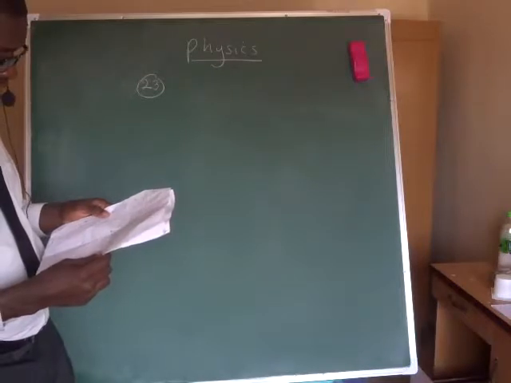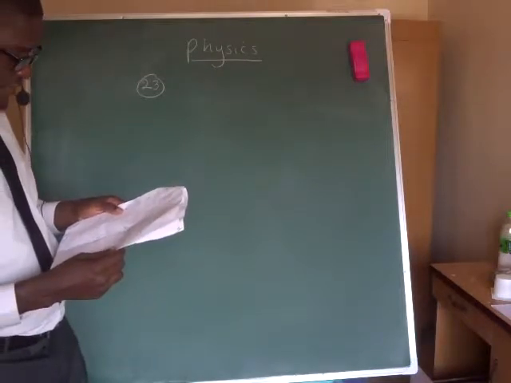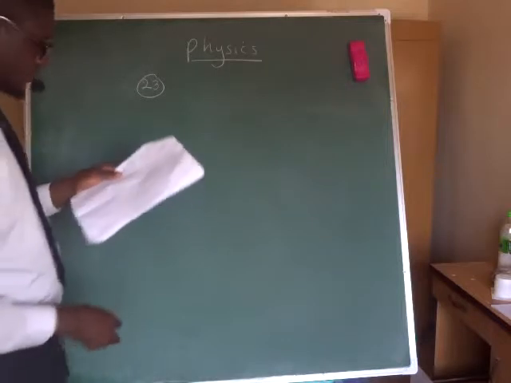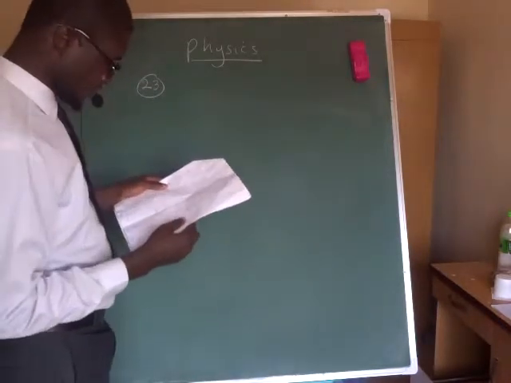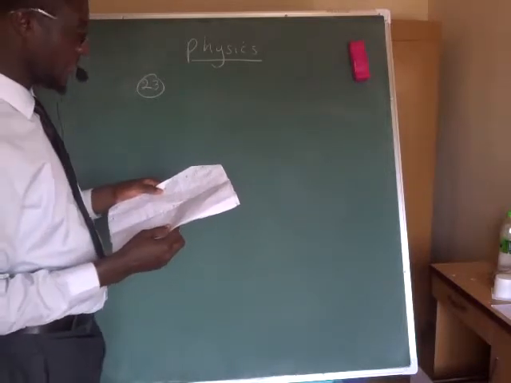So from this question we are given two data. The first one is speed of light in water, and the second is speed of light in air.